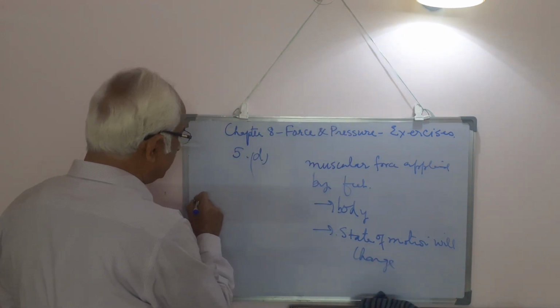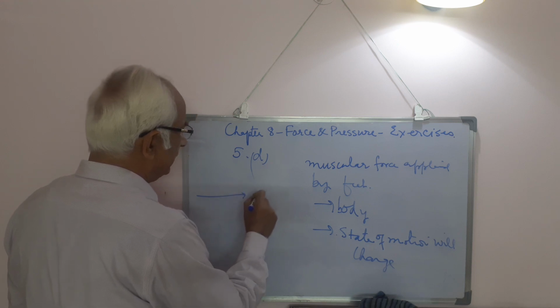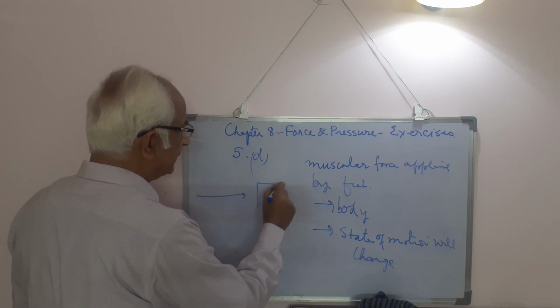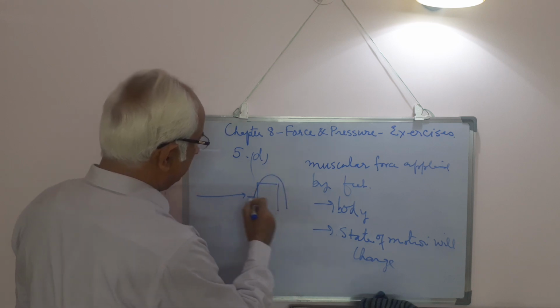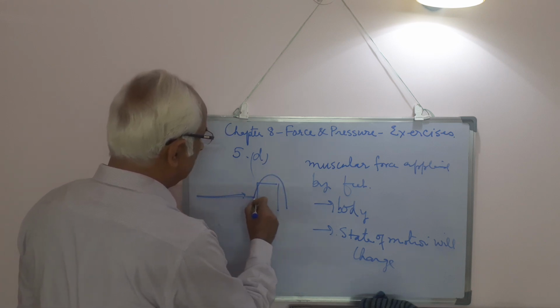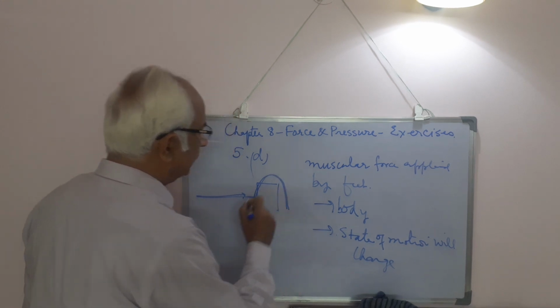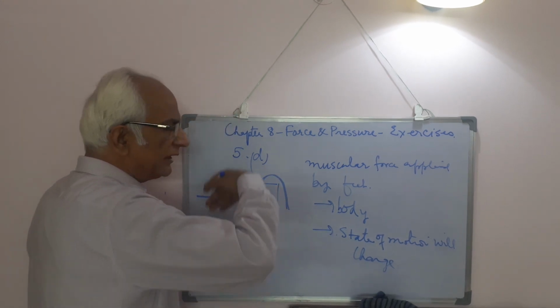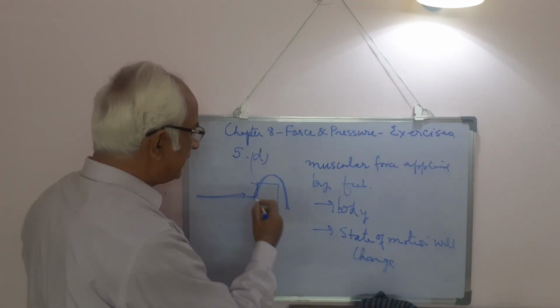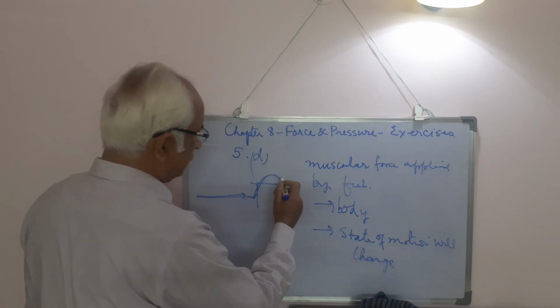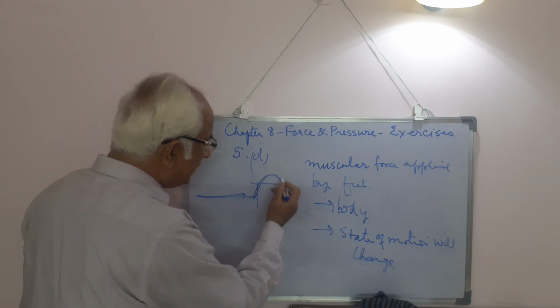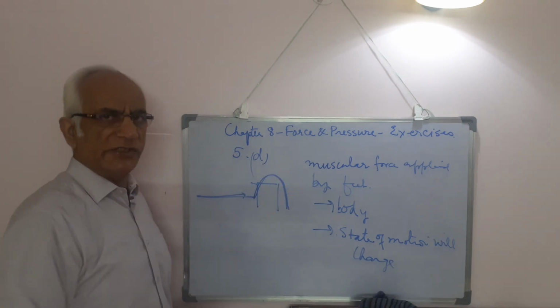For example, the athletes come running this way and there is a bar here. He has to jump. So he will jump over it and come this side. So earlier the motion was this way. Now the motion is going up and coming down. He's coming on the other side of the bar. So the state of motion will be changed, altered. The direction is changing and the speed may also be changing.